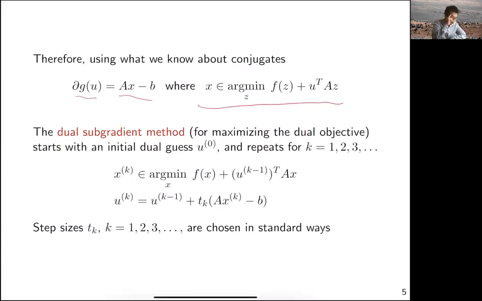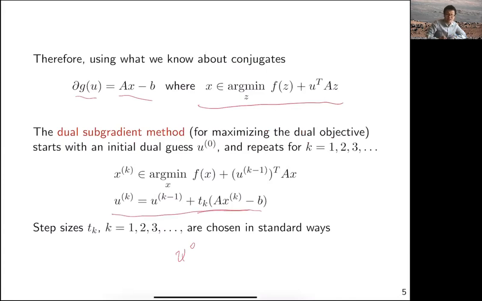So the simple dual subgradient method would be to start with some initial point u0, and then you keep repeating this gradient ascent step.